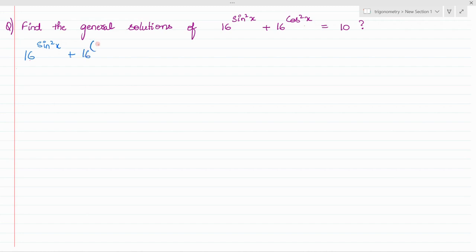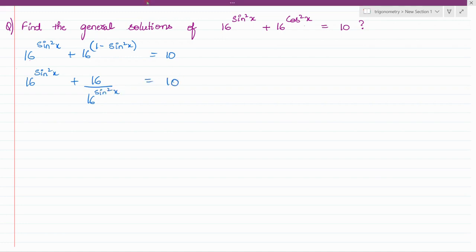So it will be 16 whole power 1 minus sine square x is equal to 10. Now this can be written as 16 sine square x power, okay? 16 whole power a minus b. It can be written as 16 by 16 power sine square x is equal to 10.